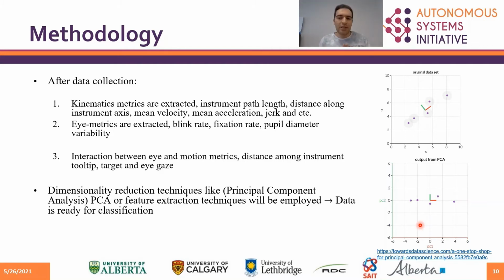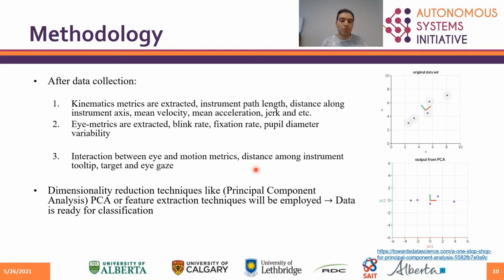After we collect our data, we need to extract some features. Let's say in kinematics, we want to have path length, the total path that instruments traveled, also mean velocity, mean acceleration, and jerk, and other stuff. In addition, we need to calculate eye metrics like blink rate and fixation rate. A blink simply is this motion, and we want to calculate pupil diameter variability.